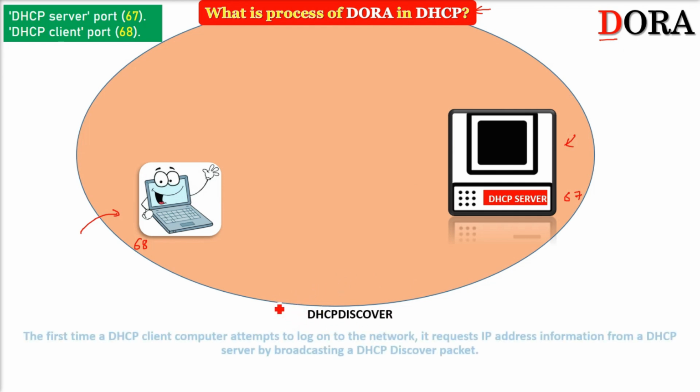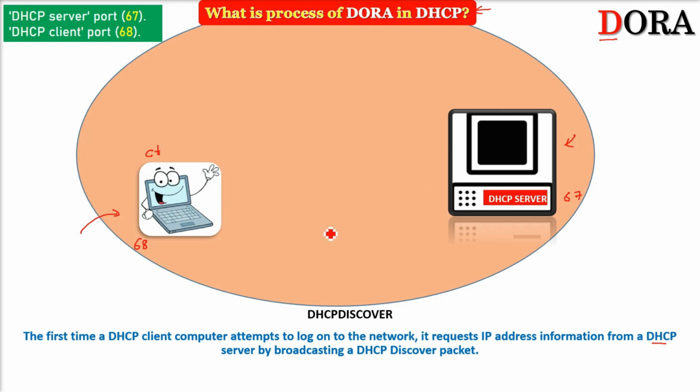The first time this DHCP client computer tries to log on to the network, it requests IP address information, and not only the IP address, the network configuration information, from a DHCP server by broadcasting. Please remember, the messages are broadcast as a DHCP discover packet.